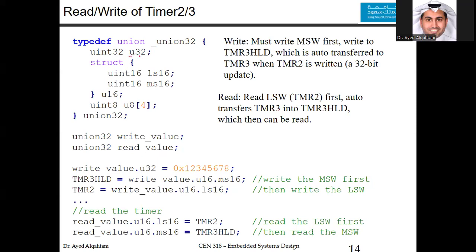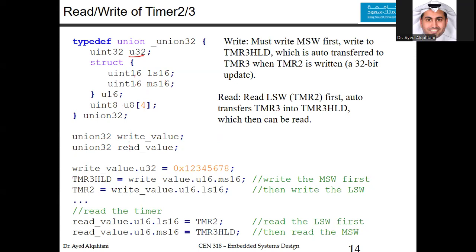Either you take 32 bits, that's the type, or you take two 16 bits as a struct, so you have a least and a most 16 bits, or you have 4 bytes for different parts. So a 32-bit value, either you take it all as a 32-bit whole, or it will be 2 half words, or 4 bytes. That's the definition here.